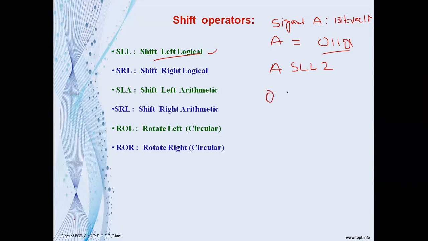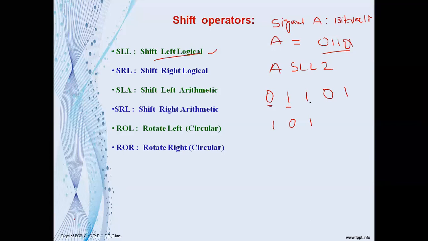So now the value is 0, 1, 1, 0, 1. You are shifting the bits towards the left 2 times. If you shift the bits left 2 times, what is the resultant value? 1, 0, 1. Because you have shifted these 2 bits, for the first shift this bit will come here, and for the second shift it will come to the most significant bit.